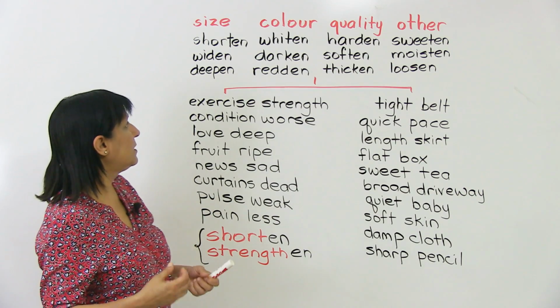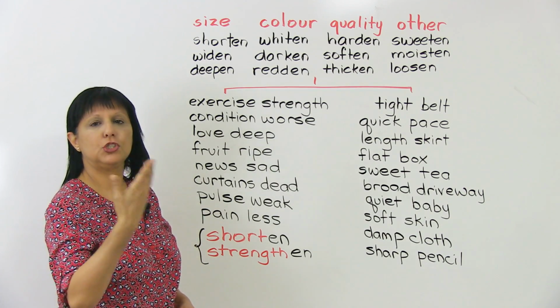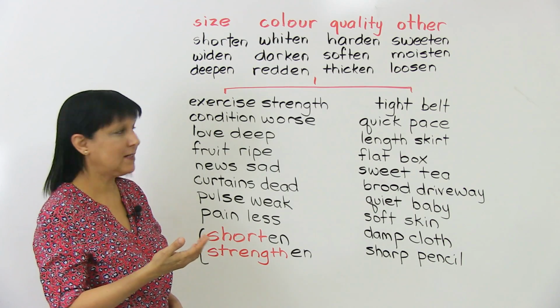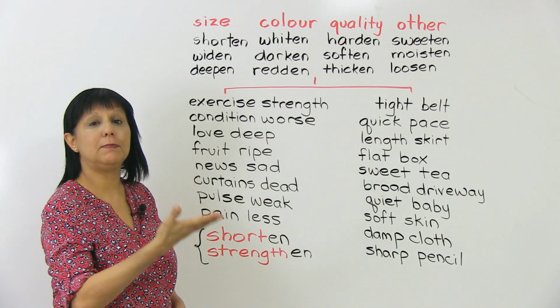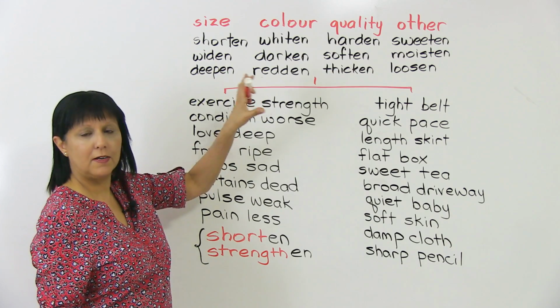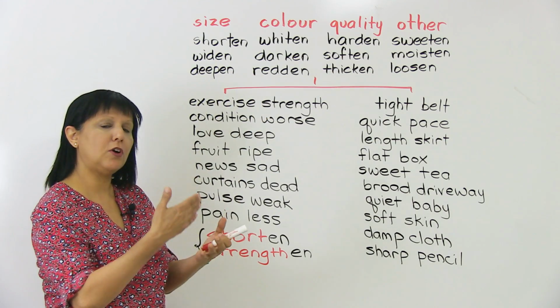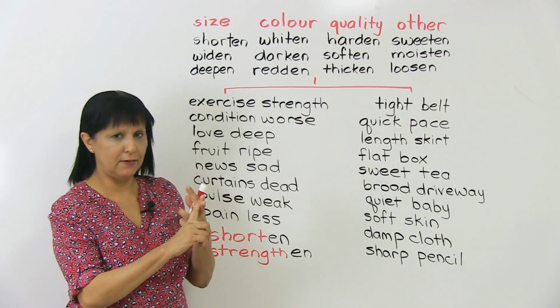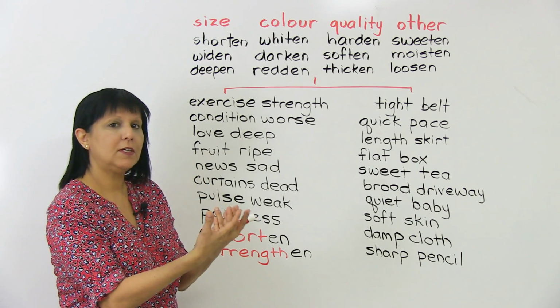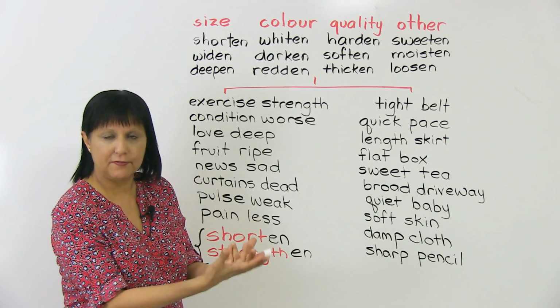For example, short becomes shorten, wide, widen, deep, deepen, right? So all of these on the board now are verbs, right? They started off either as adjectives or nouns, but we're converting them, we're changing them into verbs, and quite dynamic verbs, all right?